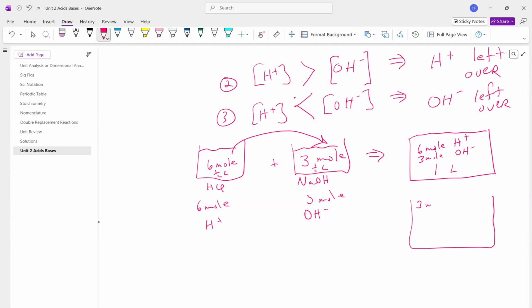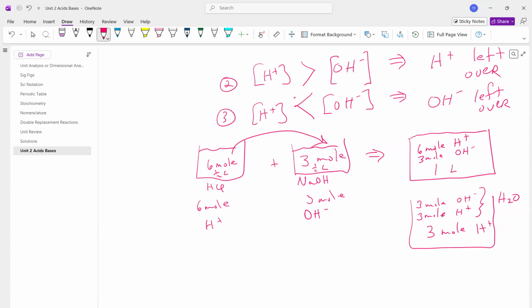Well, the 3 moles of OH and 3 moles of the 6 H's form water. What's left over? So we have 3 moles of H plus left over.